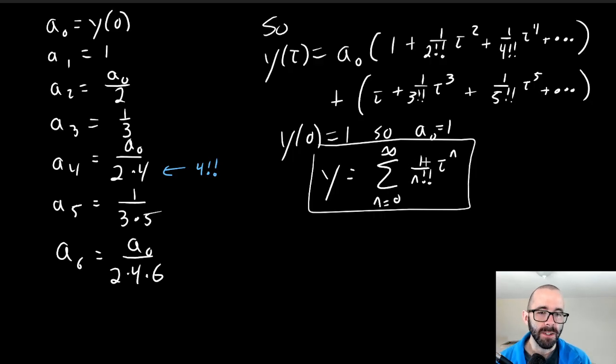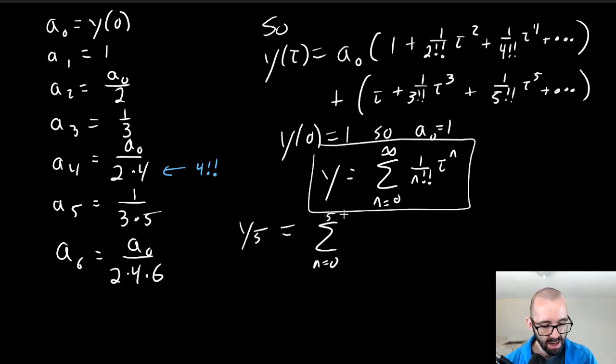But here's what's interesting. A lot of times we don't actually like working with an infinite number of things. So what we do is we look at approximations, right? We could look at the 5th order approximation, which might be n equals 0 to 5, or fifth degree polynomial approximation.